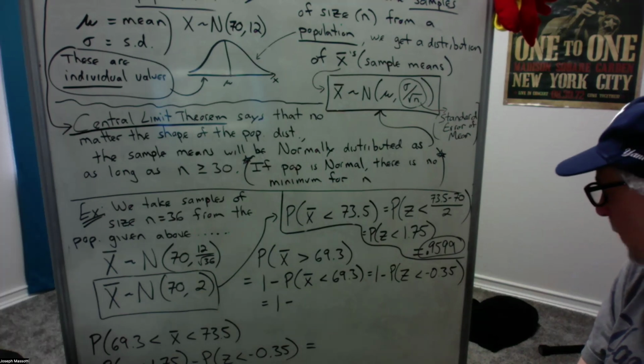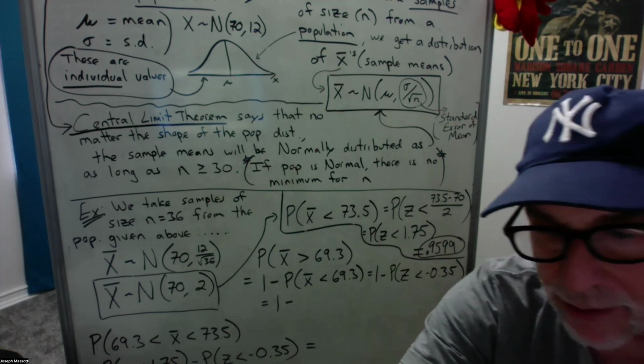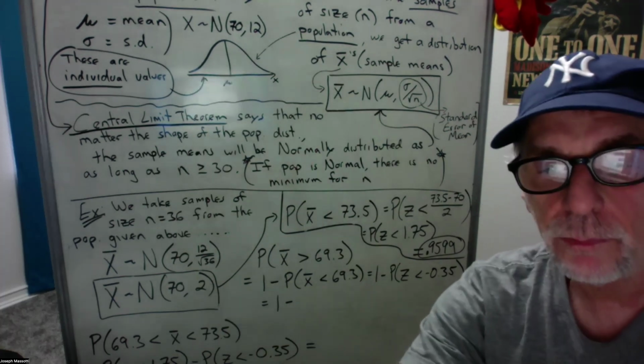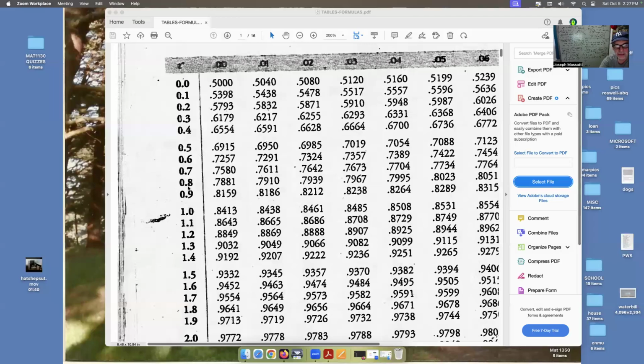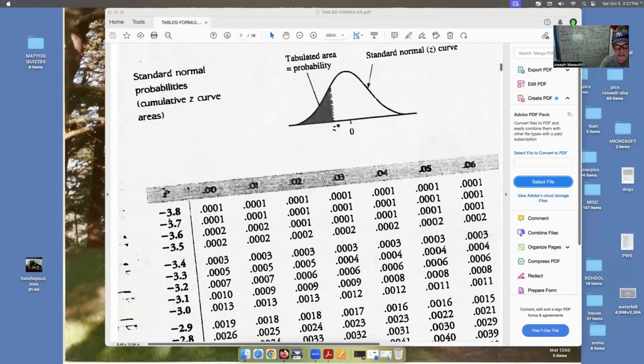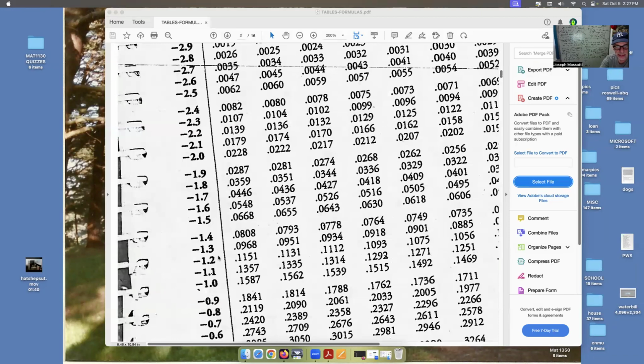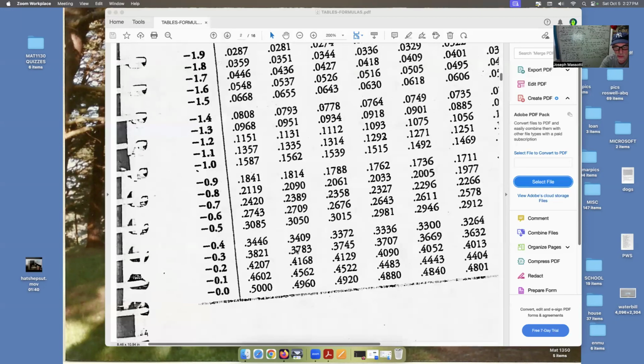So when we look that up, negative 0.35, here's the negative 0.3, this is the 0, the 1, the 2, the 3, the 4, the 5, 0.3632. So 1 minus 0.3632 is going to leave us with 0.6368, I believe.